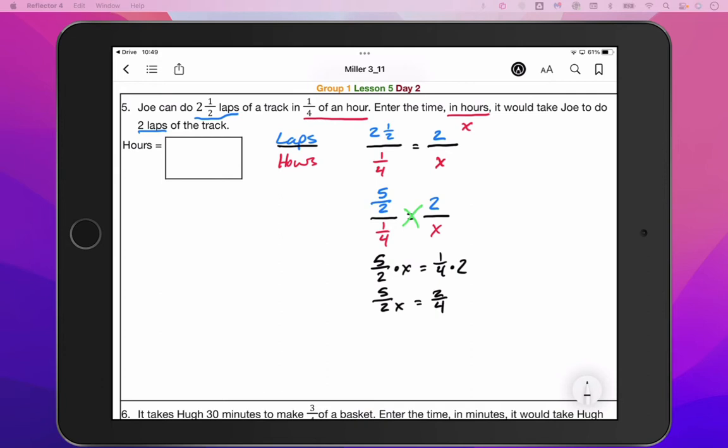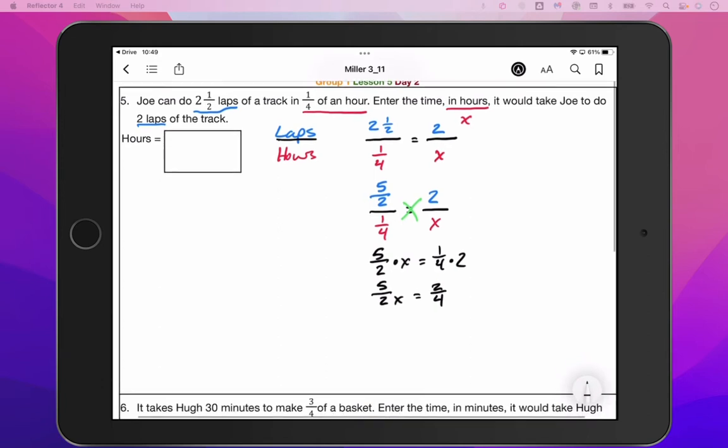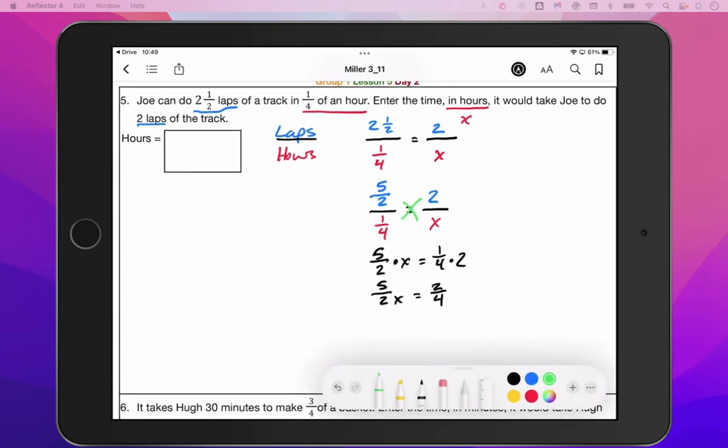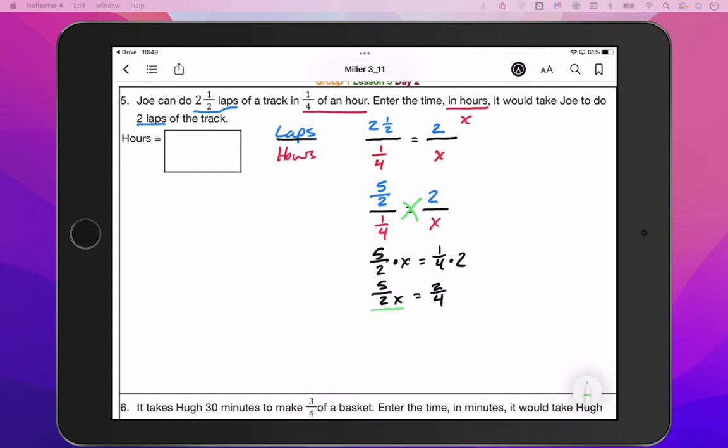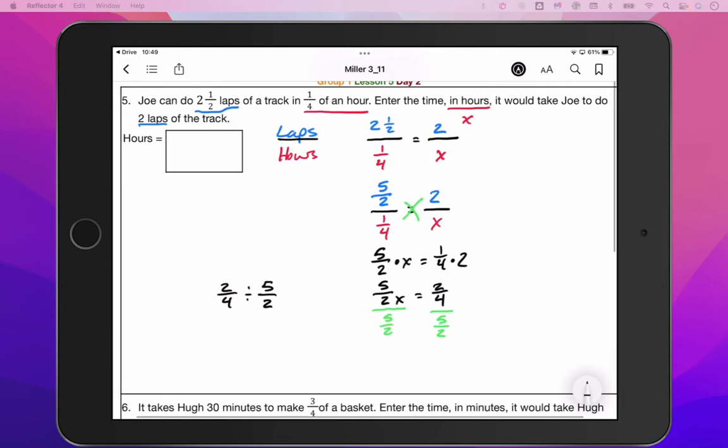You could also rewrite that as 1/2 if you wanted to at this point. I'm not going to worry about it until the end. But we're going to divide by 5/2. And we can put that right in our calculator as 2/4 divided by 5/2. What we're going to get is 4/20.